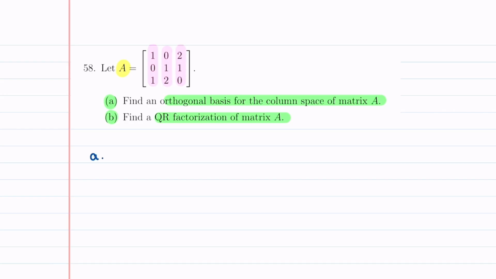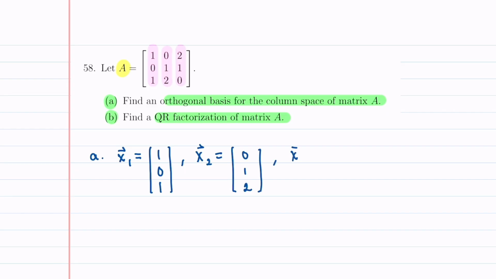I'm going to let x1 be our first column, so that's 1, 0, 1. I'm going to let vector x2 be our second column, 0, 1, 2. And then lastly, I'm going to let vector x3 be our last column, 2, 1, 0.